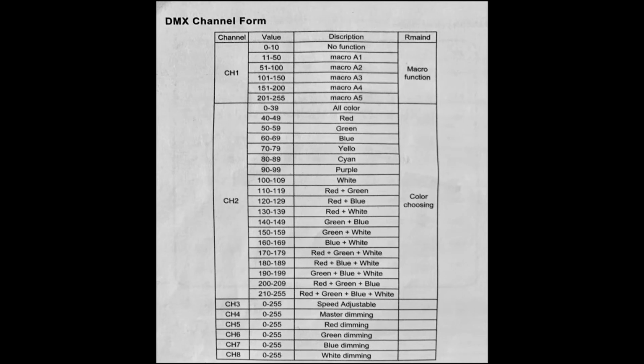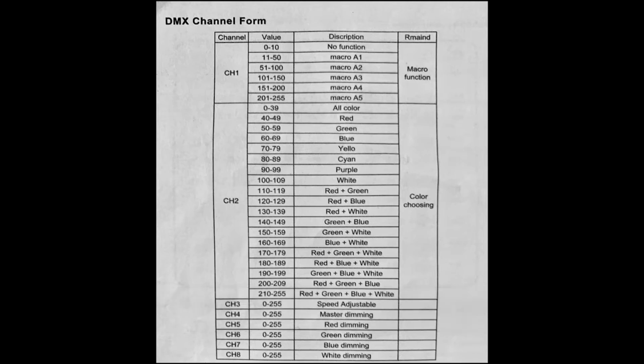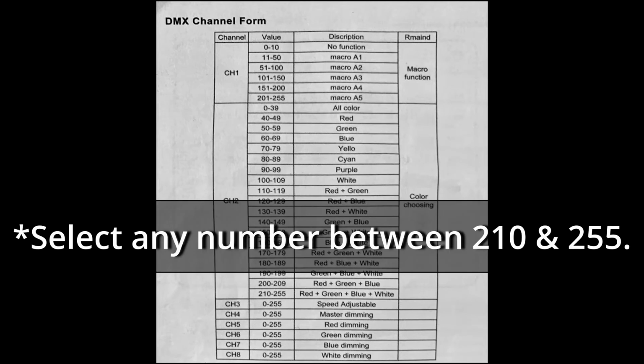So by looking at this spec sheet, I can see that channel 1 is mostly for encoding which function you want to access. So channel 1 is going to be set to 0. Taking a look at channel 2, if I want to be able to mix between R, G, B, and W, I need to set channel 2 to 210 or 225.